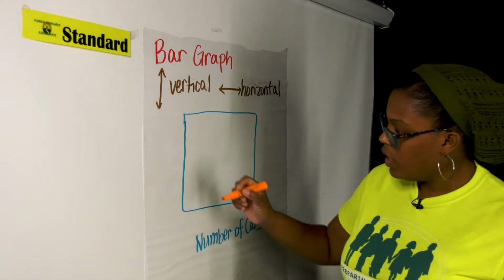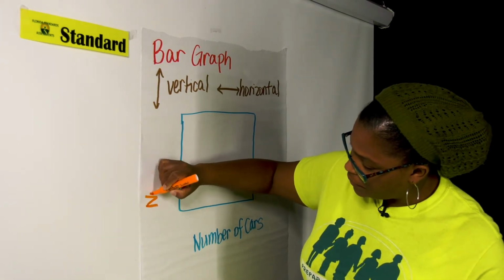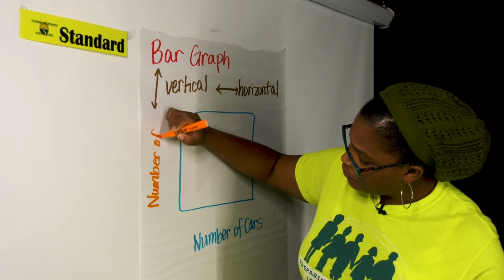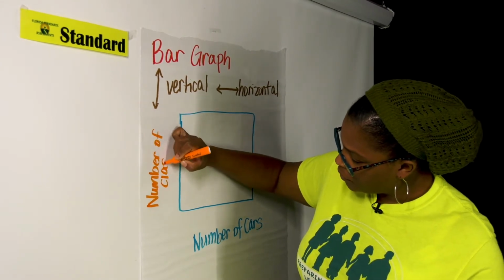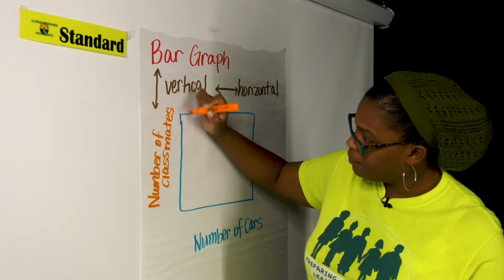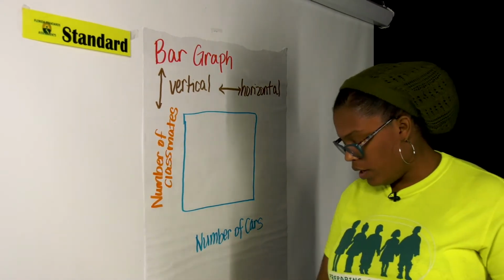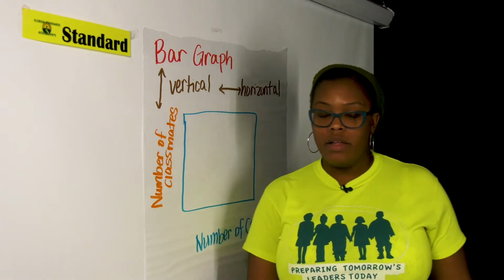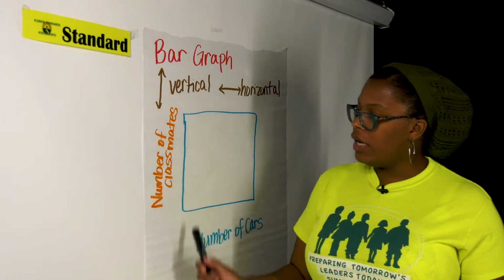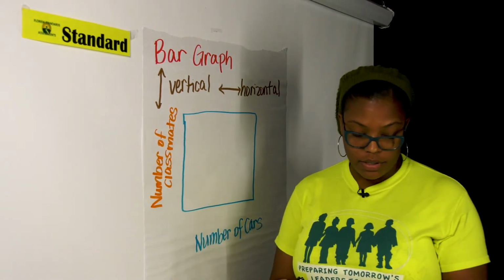So let's say this side is going to represent the number of classmates. Okay. And let's think about the number of toy cars. To be more specific, the number of toy cars.